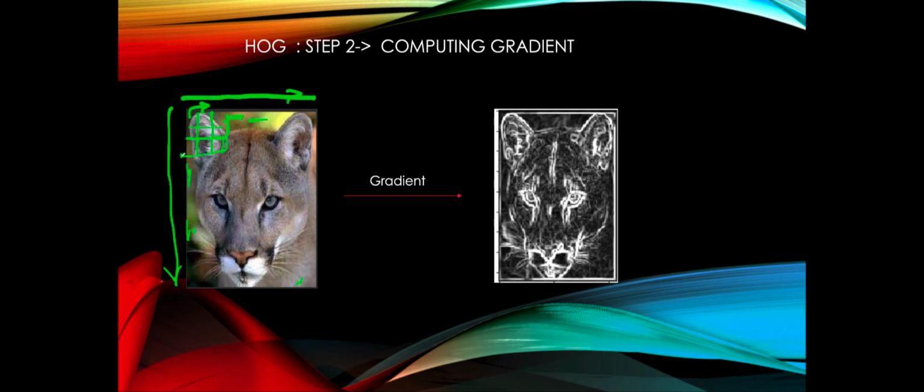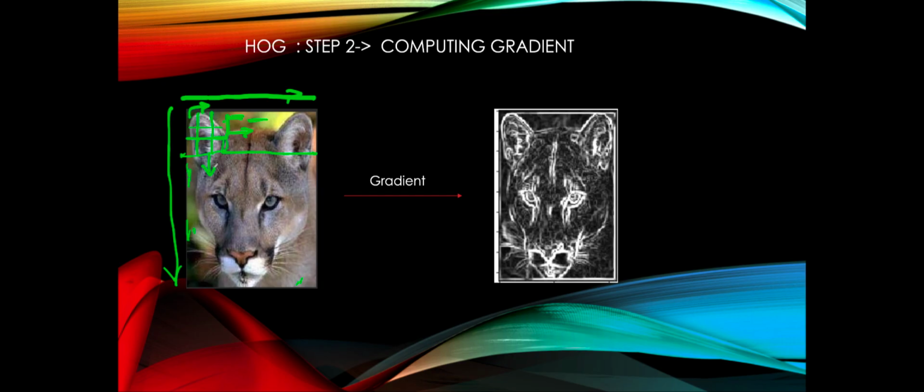Then we move this patch to the right and repeat the process. Once this row is finished, we move the patch down and repeat the process. We compute the gradient by convolving the image with filters called Sobel filters.